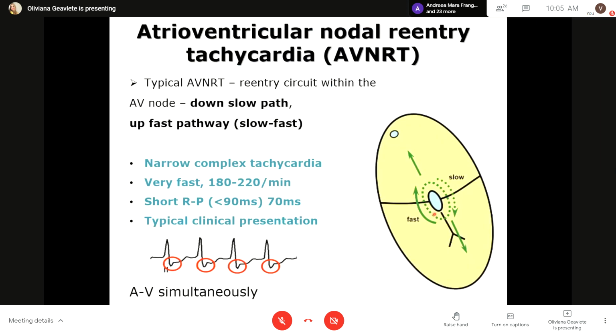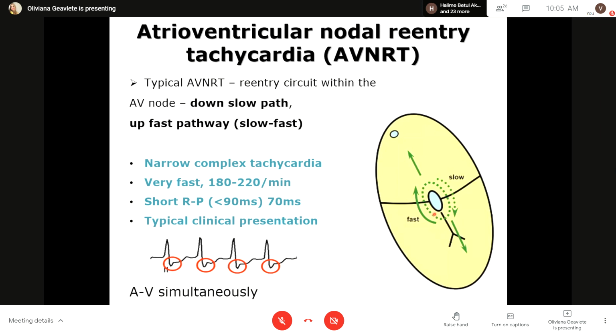So 20, maybe 30% of all of us are born with a dual AV nodal pathway. Let's try to make this as simple as possible. One pathway is always with a slower conduction.